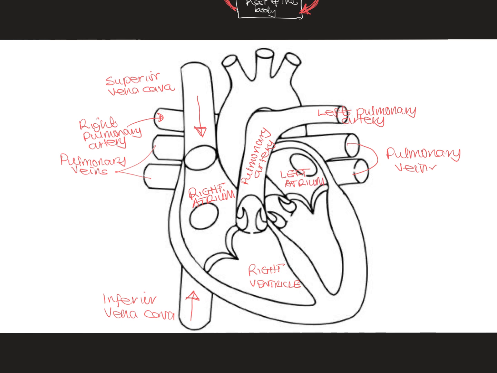So from the left atrium, blood moves to the left ventricle. When the left ventricle contracts, the blood is now sent to the rest of the body through the aorta. The structure that you're seeing here is the aorta.